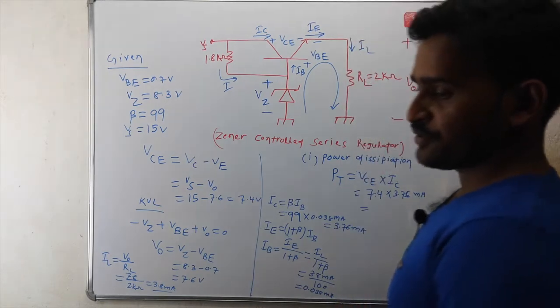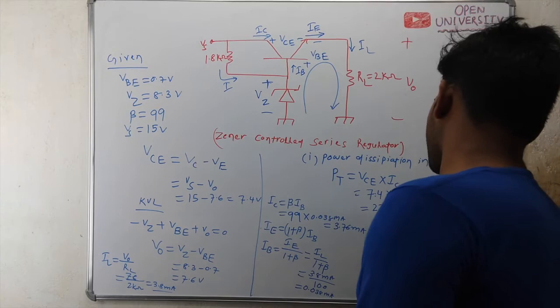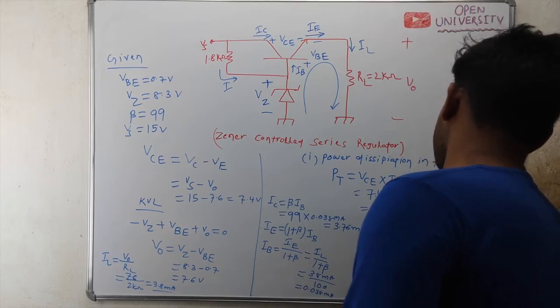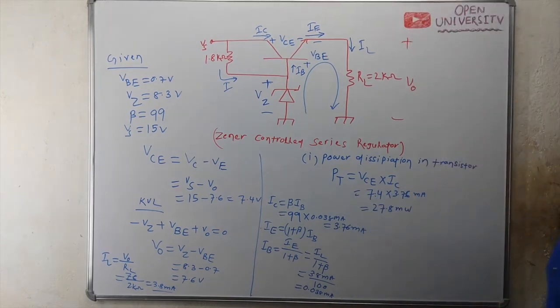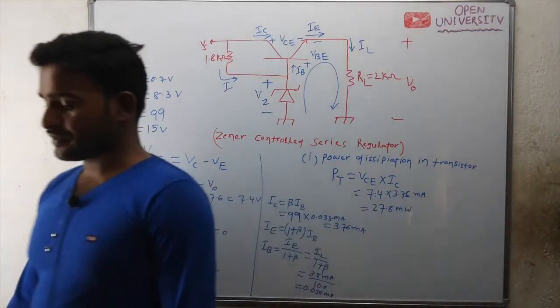Then power dissipation will be 27.8 milliwatt. This is the answer to the first question, power dissipation in the transistor.